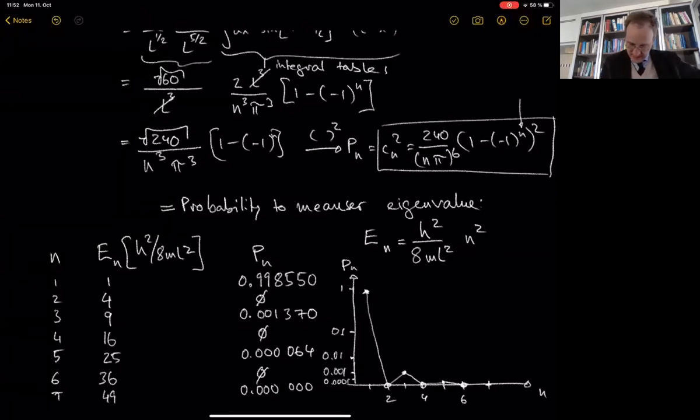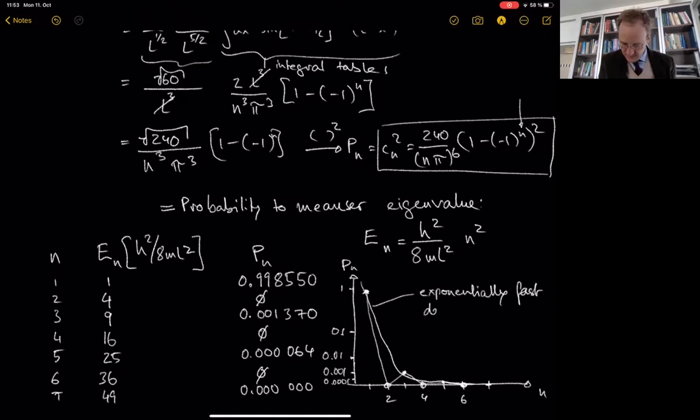So this is, if you wish, if we draw a line like this to our non-zero values, an exponential decay.